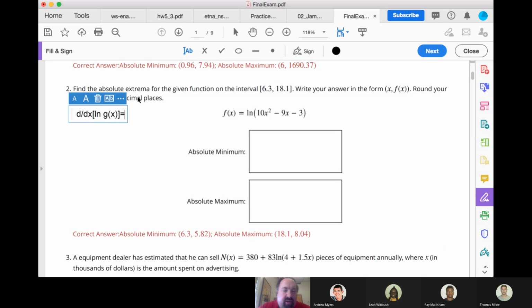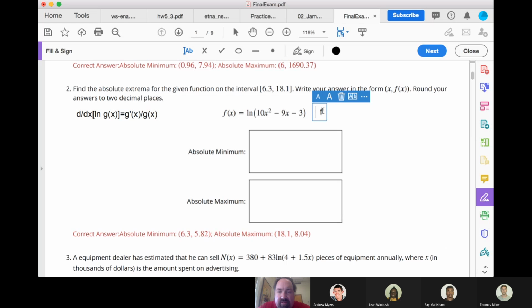Well, the derivative of natural log is 1 over, so you have 1 over g of x. But then by the chain rule, you must take a derivative of whatever it is you're taking the log of, and multiply by that. So it's actually g prime divided by g. So that's the rule that you're using for a function like this. Whereas in the previous problem, you could write it in such a way that you're just taking natural log of plain old x.